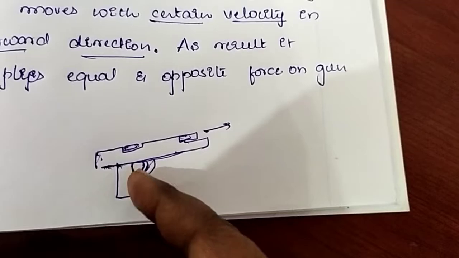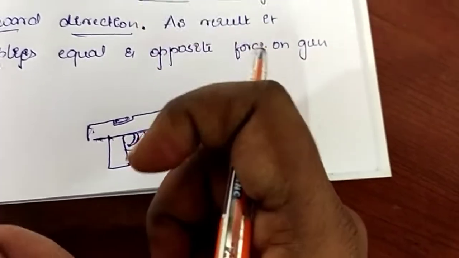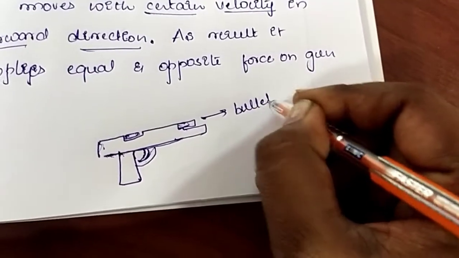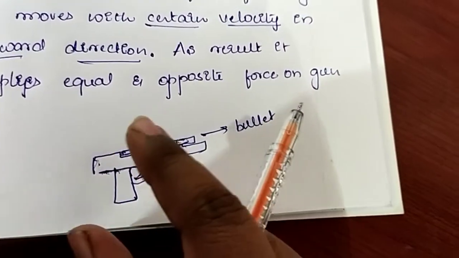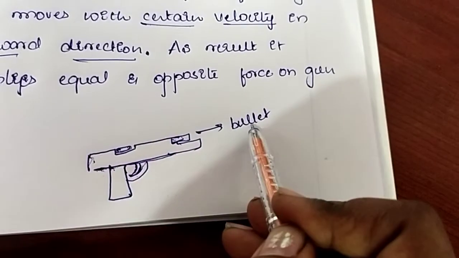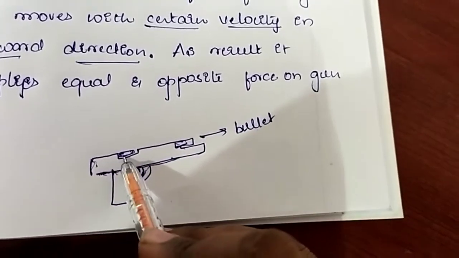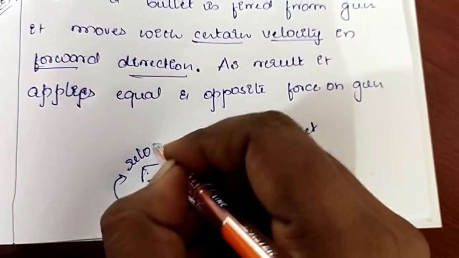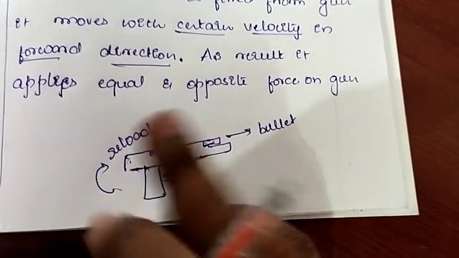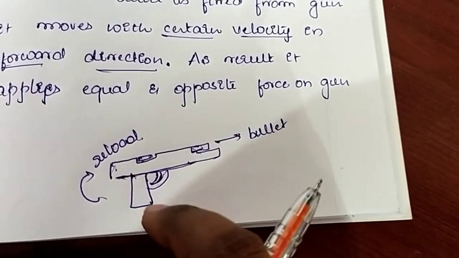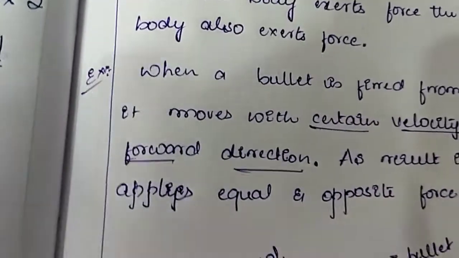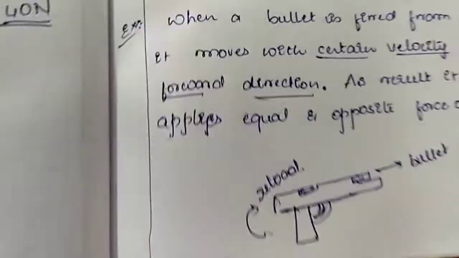So when the trigger is applied, as soon as the trigger is pulled the bullet comes out. As soon as it triggers and the bullet comes out, again it reloads. So this is equal and opposite reaction. As soon as it is applied, the other one comes. That we call Newton's third law of motion.